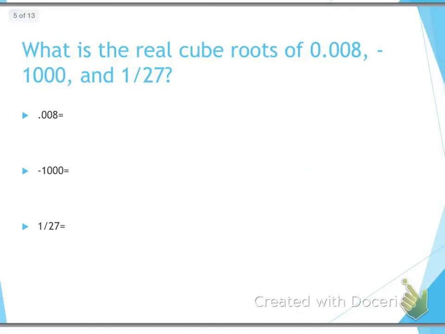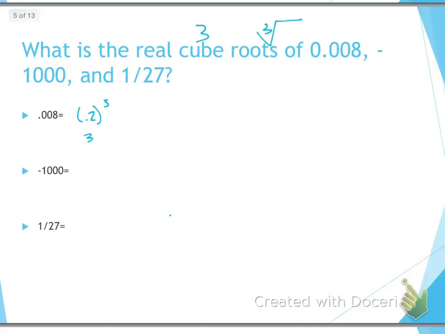Okay, what is the real cube root of these 3 things? Well, cube means 3, so we're trying to find the cube root. So cube root looks like this. First off, let's figure out what, when I cube it, gets me 0.008. If I try to guess a bunch of things, 0.2 cubed gets me 0.008.